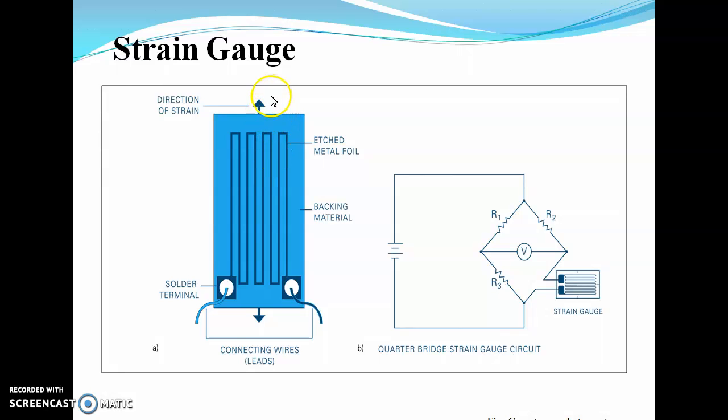And this is the Wheatstone bridge which will indicate the voltage, and at these two ends the strain gauge is connected, and to this Wheatstone bridge a DC source is applied here.